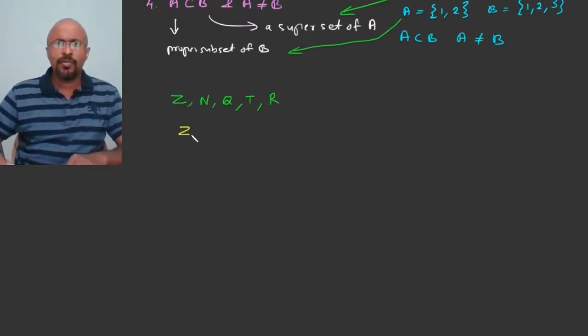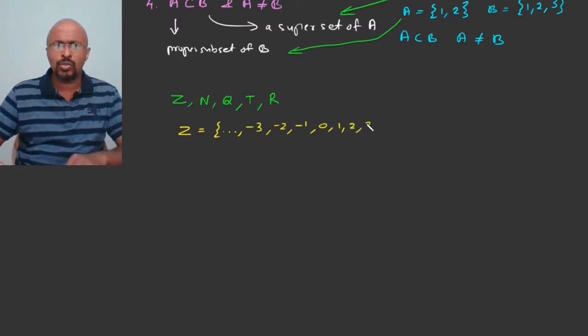What is an integer? We know it is minus infinity to minus 3, minus 2, minus 1, 0, 1, 2, 3 and extends up to infinity. And what is a natural number? It is 1, 2, 3 and it will extend up to infinity.